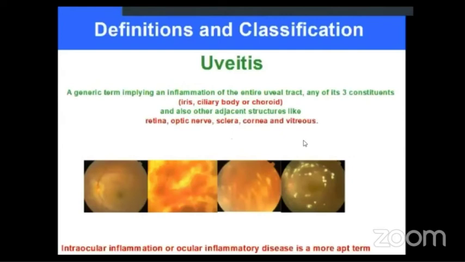It's very important for us to understand that uveitis is not only inflammation of the uveal tract, but also adjacent structures like retina, optic nerve, sclera, cornea, and vitreous. And intraocular inflammation and ocular inflammatory disease is a more apt term to describe these entities.